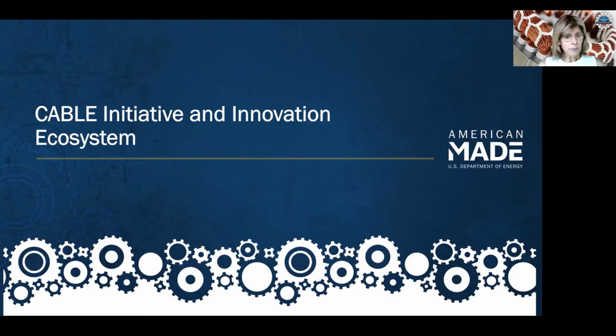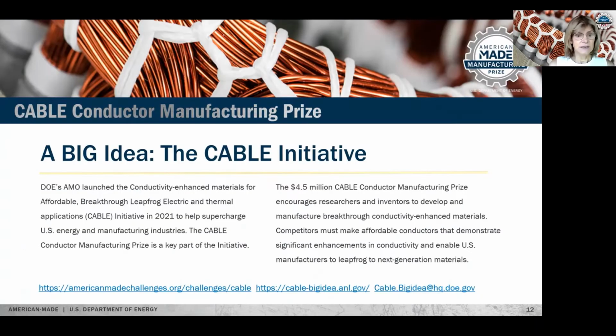The CABLE Prize aims to help U.S. energy and manufacturing industries by rapidly identifying, verifying, and rewarding new materials and manufacturing methods that achieve significant enhancements in electric conductivity. Competitors must also offer a pathway to produce the new conductivity enhanced material affordably. Next slide, please.